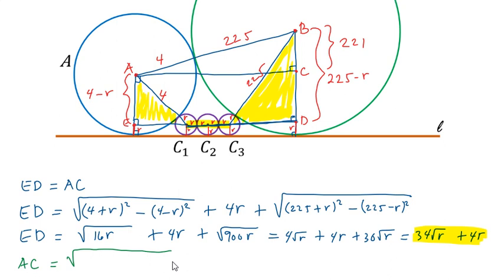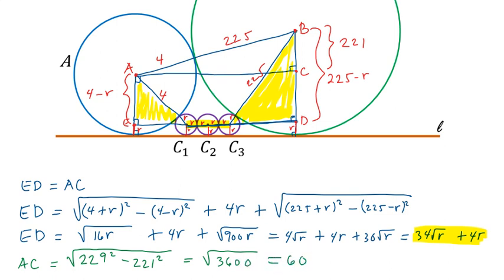AB is 229. So that's 229 squared minus the square of BC. That's just 221 squared. If we simplify this, we get the square root of 3600. And that is just 60.